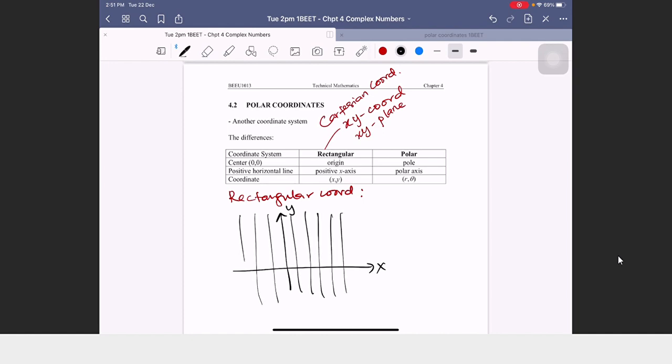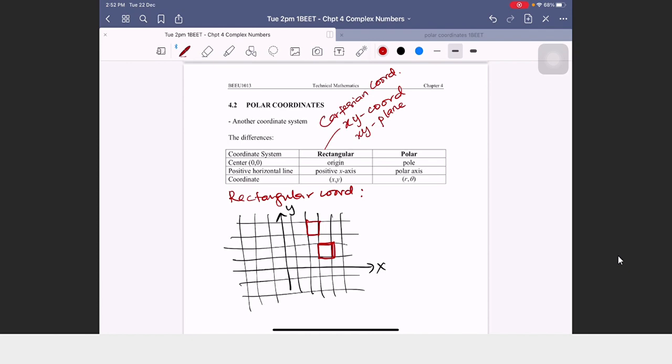Remember, you have the grid like this. That's why it is called rectangular coordinate, because all these are rectangular shapes. That's why it is called the rectangular coordinate system.